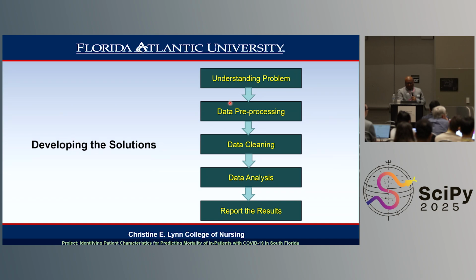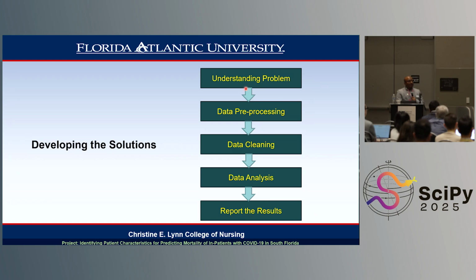So everyone knows how we start our work in data science. This is a flow chart for you: understanding the problem, these vital things, because sometimes data is already collected and you do not have any control over the data collection.